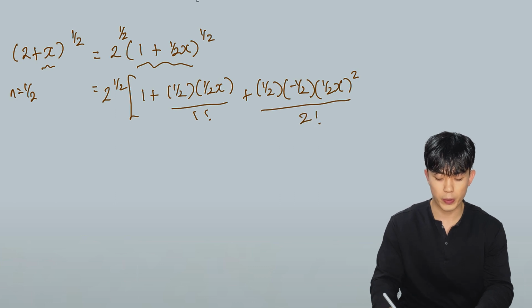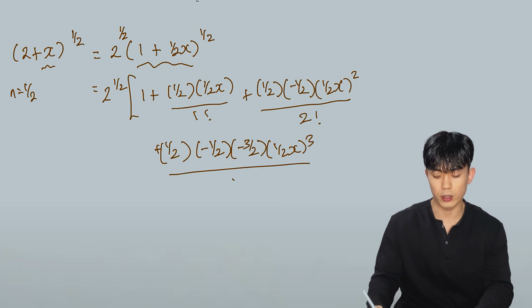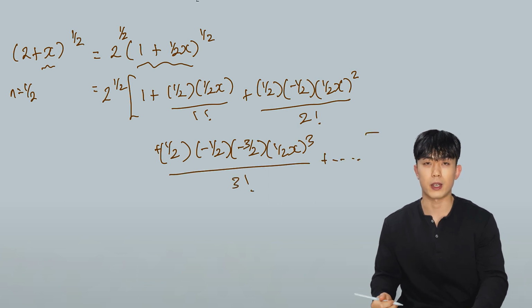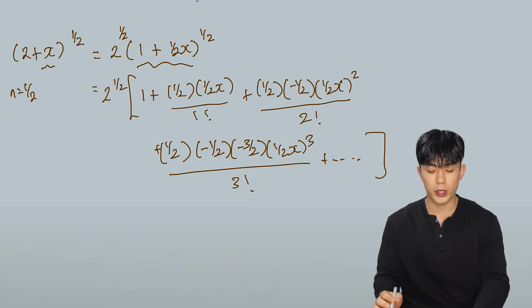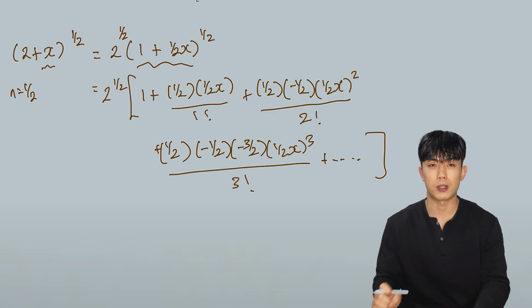And the third term would be half minus 1, minus 1 again, so it's minus 3 over 2, times half x cubed over 3 factorial, plus so on. Okay, close bracket. So once we've found each individual term, what we can do now is multiply this 2 to the power of half to each individual term. You can expand out the bracket and then simplify, and that way we get our final expansion.